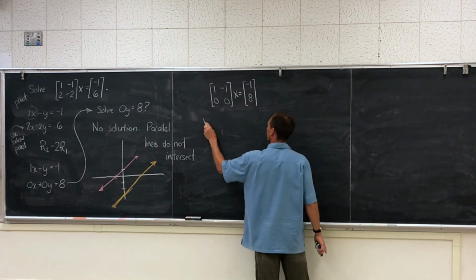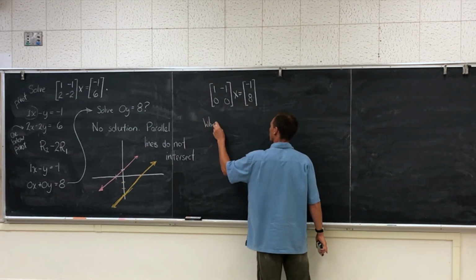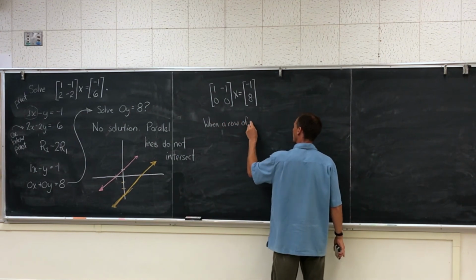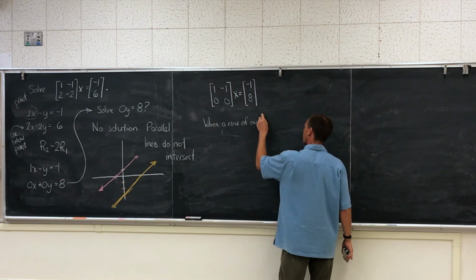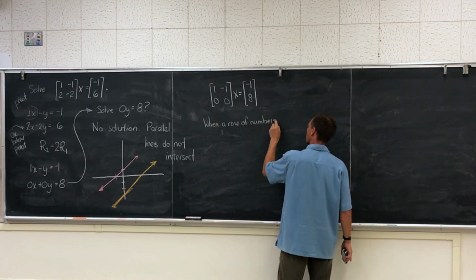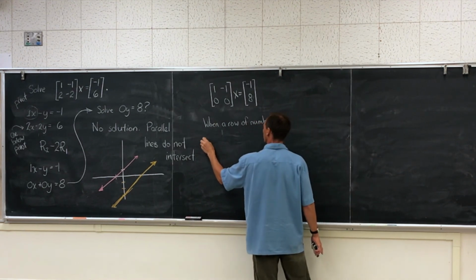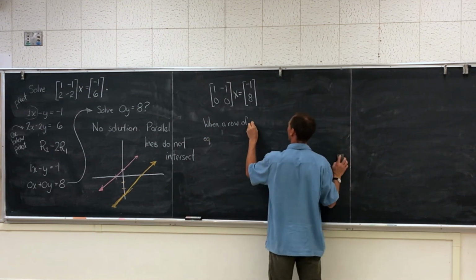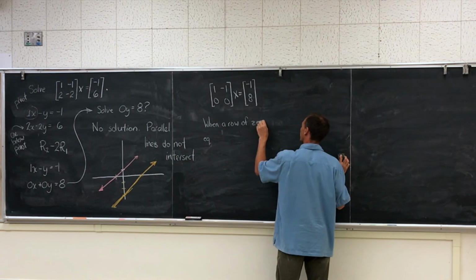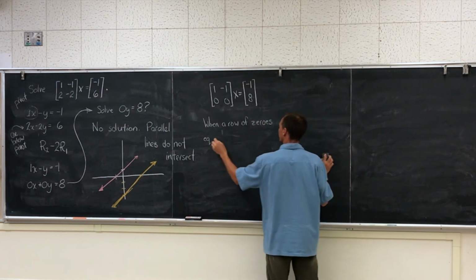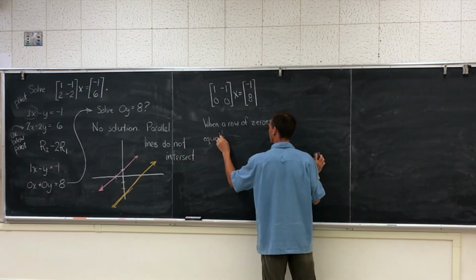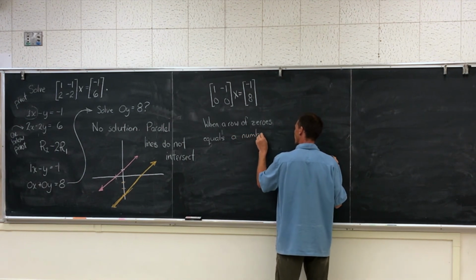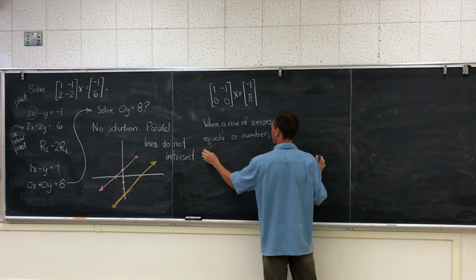When a row of zeros equals a number, no solution.